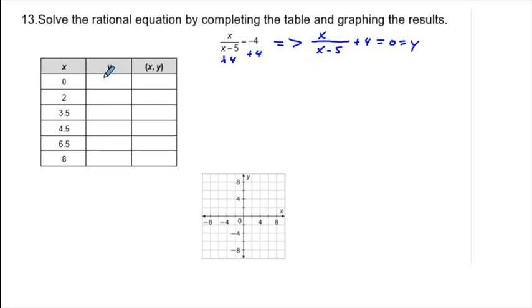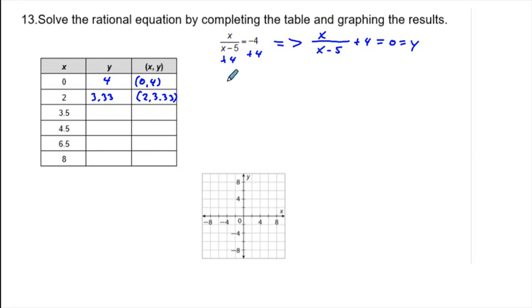So if we plug in 0 here, we get 4. And so we have our point here is 0, 4. If we plug in 2, we get 2 over 2 minus 5, so it's going to be negative 2/3 plus 4, which is 3 1/3, or I'll put it in decimalized form, 3.33. So we have 2 comma 3.33.